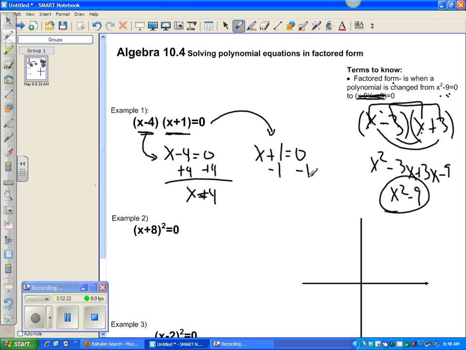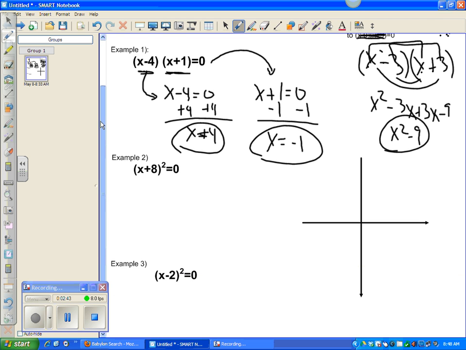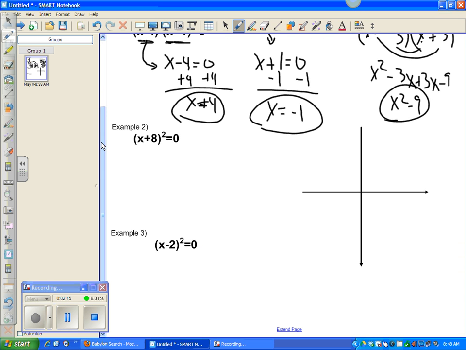X plus 1 equals 0, so x is equal to negative 1, and that's your answer, actually. You're looking for x is equal to positive 4 and x is equal to negative 1. That's it. Pretty easy. It's a little confusing, but it's pretty easy because all you're doing is setting both of these parentheses to 0, and then you're just finding what x means.